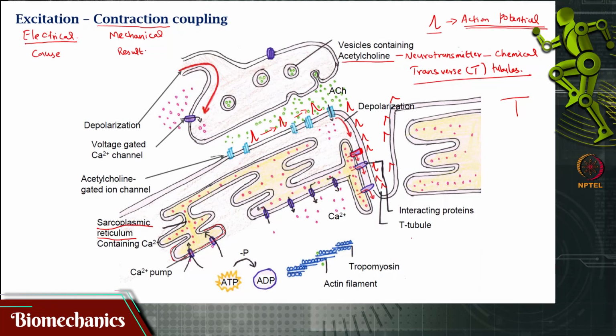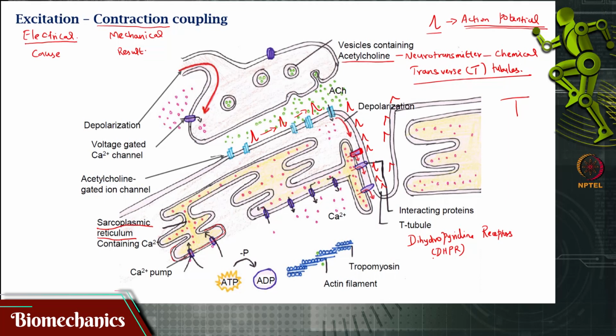That first door is called the dihydropyridine receptors, or in short DHP receptors. These DHP receptors are such that whenever they detect the presence of a pulse or an electrical activation or an action potential, they will open.